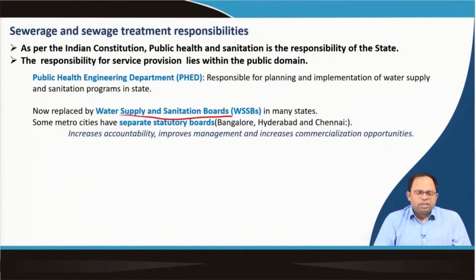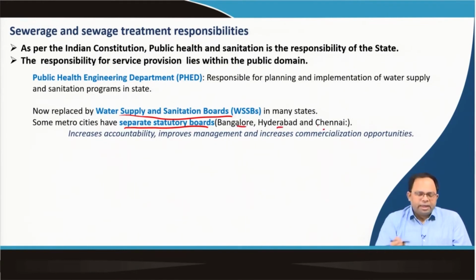And in metro cities, while there are state boards, many big metro cities are big enough or of adequate size, so that they can have their own separate statutory boards, like in cities such as Bangalore, Hyderabad and Chennai.